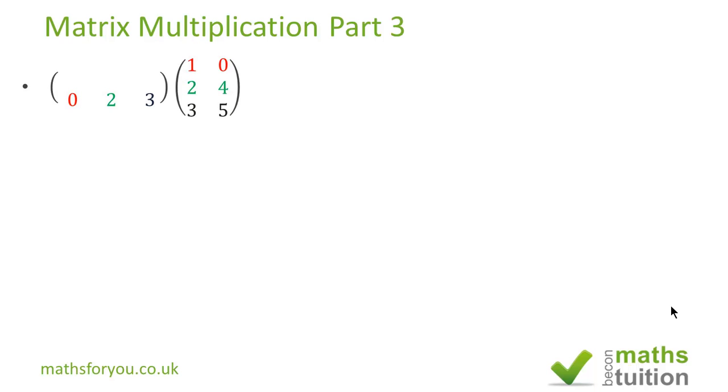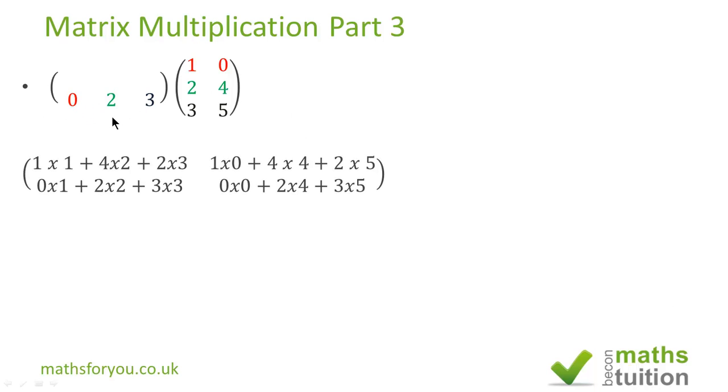Now, working with the bottom row of the W matrix, again, you do what we did earlier, and that should be 0 times 1, and then 2 times 2 plus 3 times 3. And then you do 0 times 0, and then 2 times 4, and then 3 times 5.